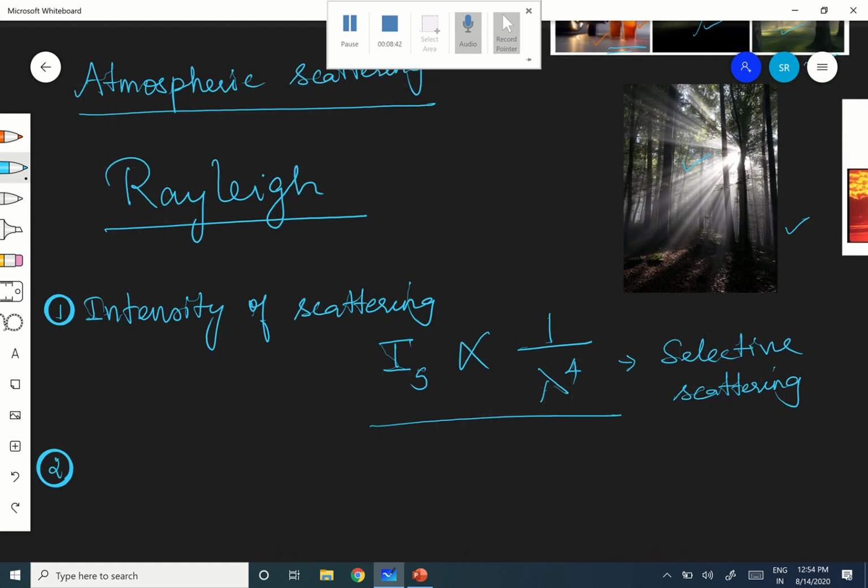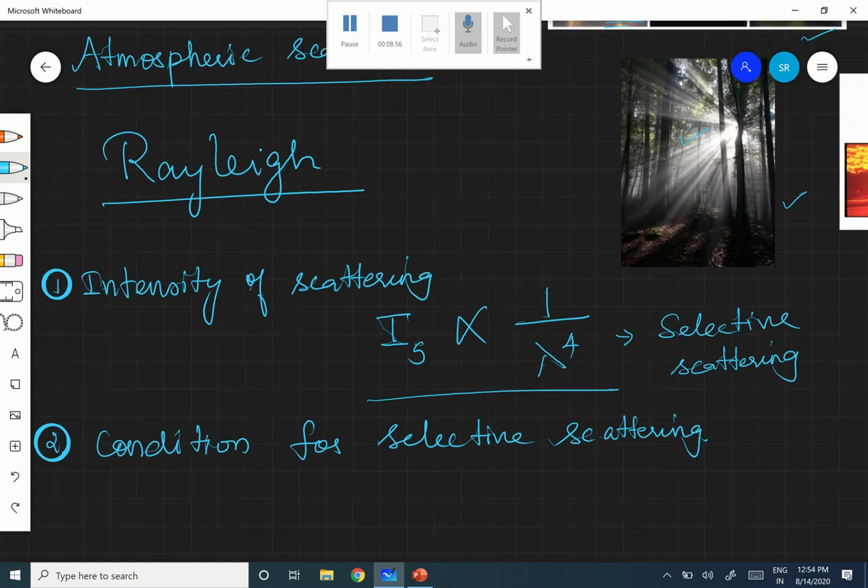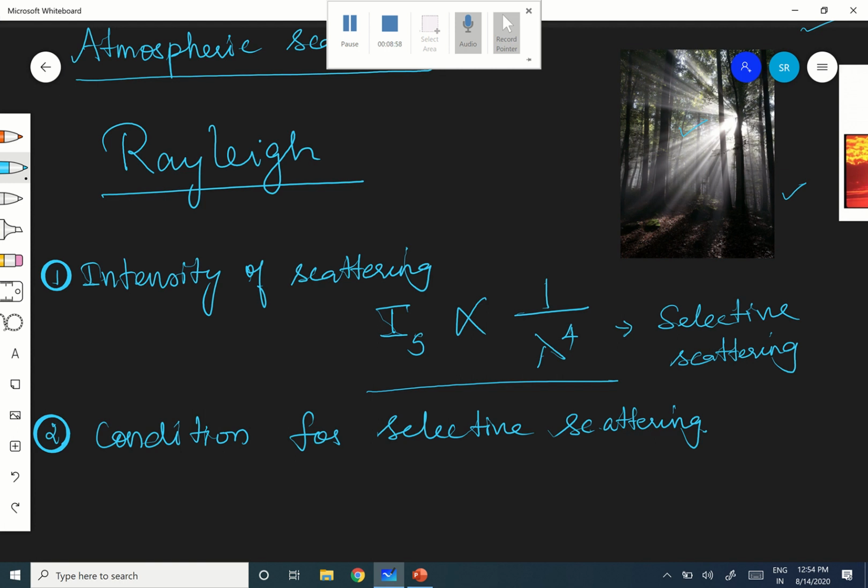But what is the condition for selective scattering? It depends very much on the size of the scatterer. What do you mean by scatterer? The particle which scatters light.